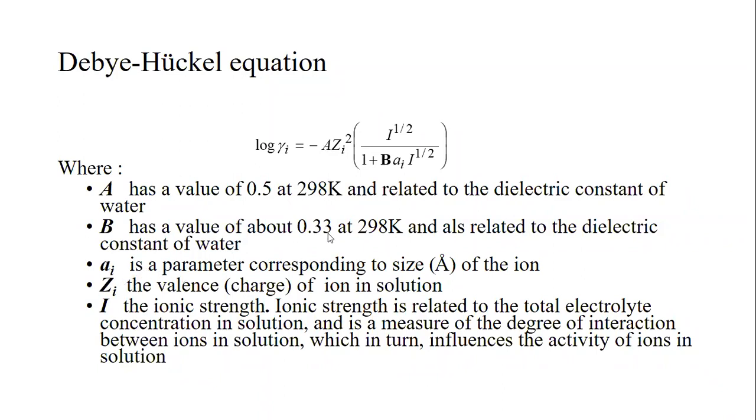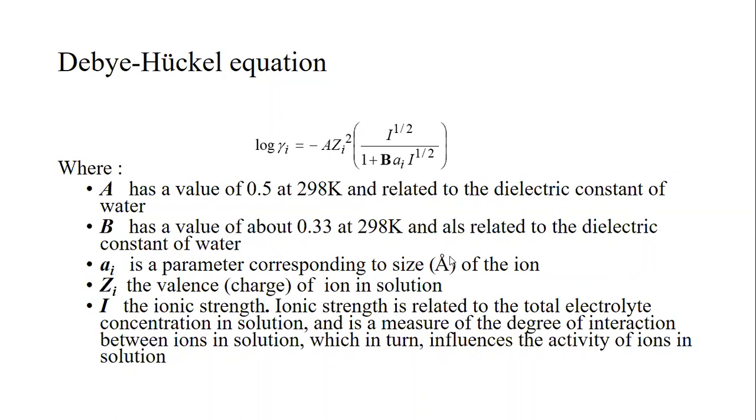That's the parameter which is related to the size of the ion, and it's always given in the question in angstrom. I was telling Ibrahim that in chemistry the only unit used for the small scale used to be angstrom. They never used nanometer and the SI system. It used to be the known unit for chemistry at the small scale. That's why in the old equations you still find many where the values are in angstrom.